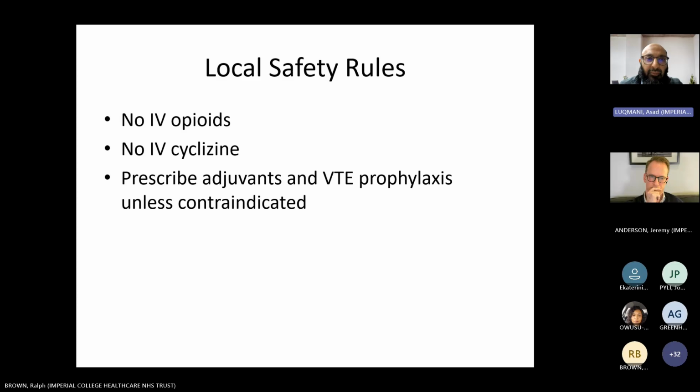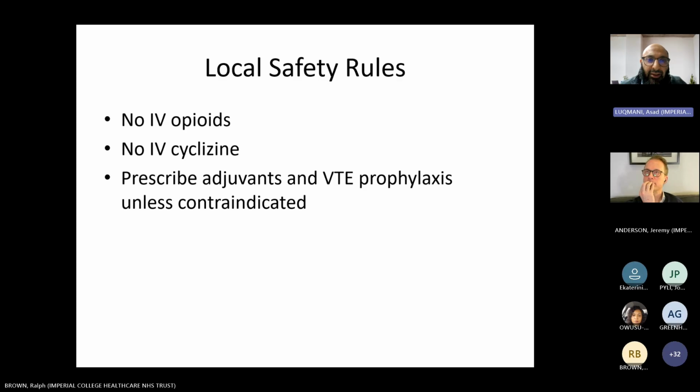We give parenteral opioids subcutaneously, and we don't use IV cyclizine. Where antiemetics are required, cyclizine is used orally, or other antiemetics such as ondansetron are used. And I think this is now fairly universally adopted across specialist haemoglobinopathy trusts that IV cyclizine is not recommended.